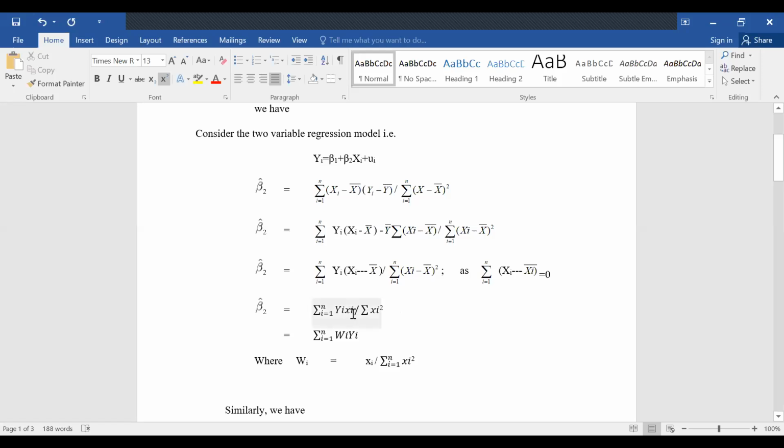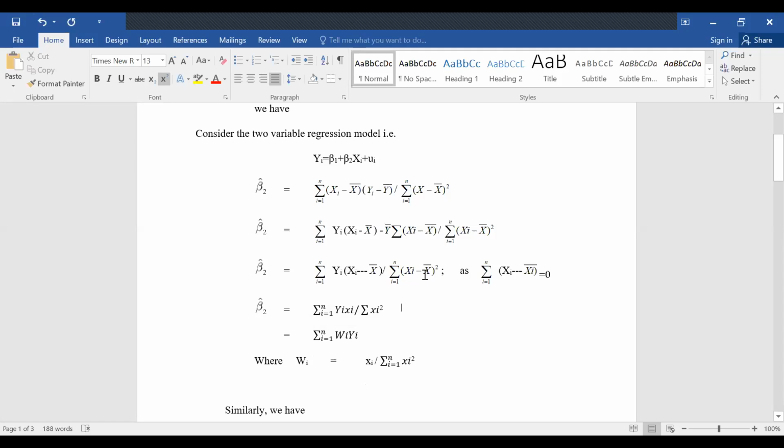We put the small xi, as I told you, that is the deviation, small xi equals capital Xi minus the mean of capital X. So this is xi minus x bar, which is small xi.